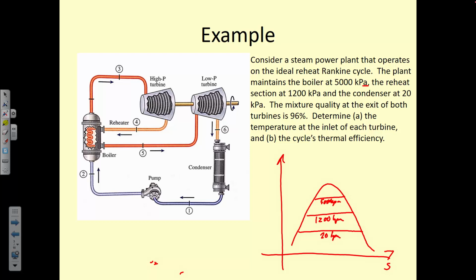Okay, so we know the condenser, state 1, is going to be a saturated liquid at 20 kilopascals, right? So automatically we can put state 1 on the chart. That's pretty easy. Actually, I'm going to draw this in red and the rest of it in black.